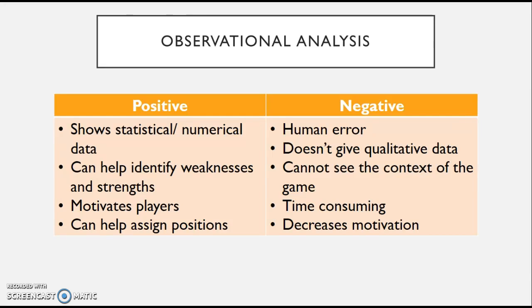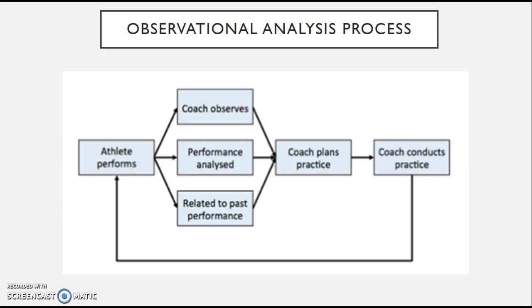So, for example, if a striker's only had 5 shots at goal during a game, this may not be because they are a bad striker. This may be because the opposition has a very good defence and they haven't had a chance to get any more shots on goal.